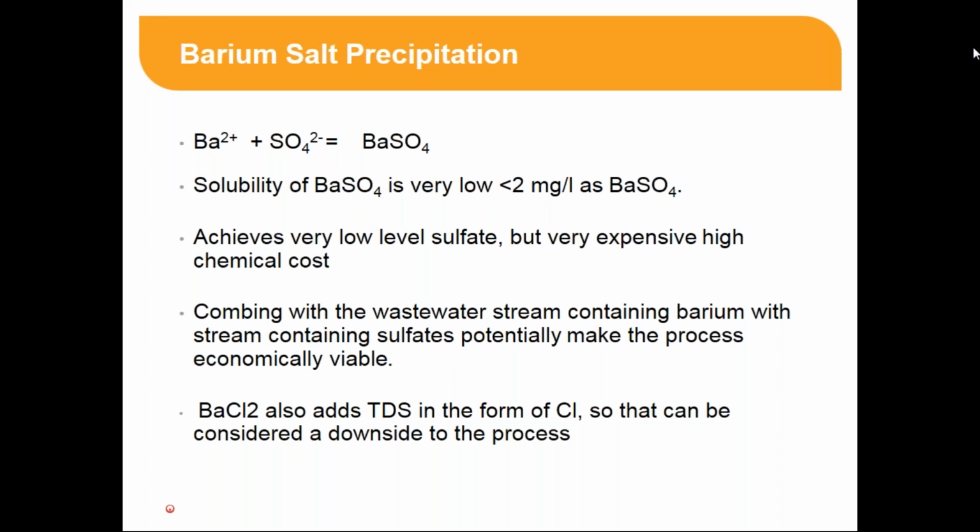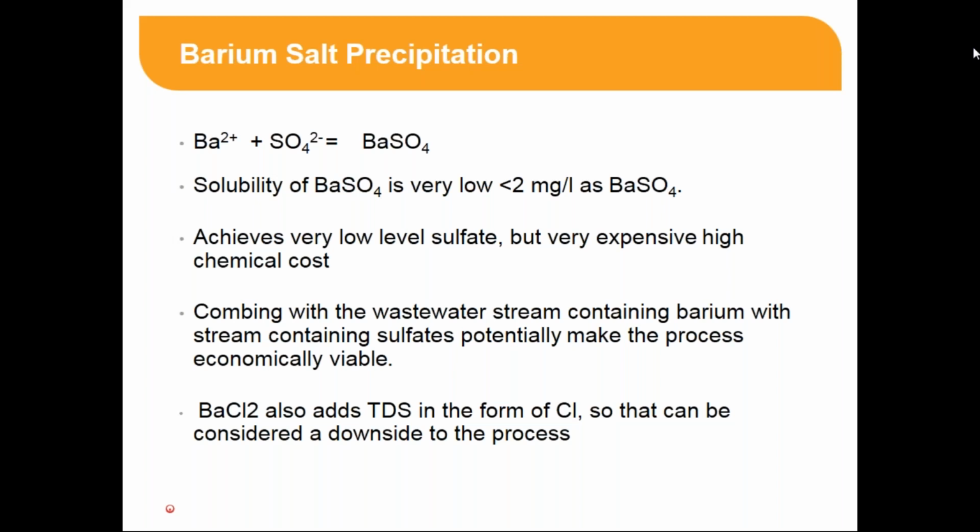Now, when you have barium salt precipitation, your effluent sulfates will be very low in concentration. But the disadvantage with barium salt precipitation is it's a very expensive process and the chemical cost is high. And also barium is one of your TCLP metals. So the sludge can sometimes be a hazardous sludge.